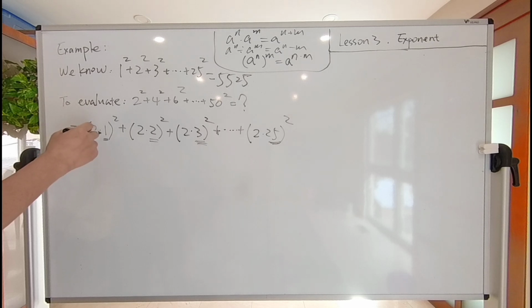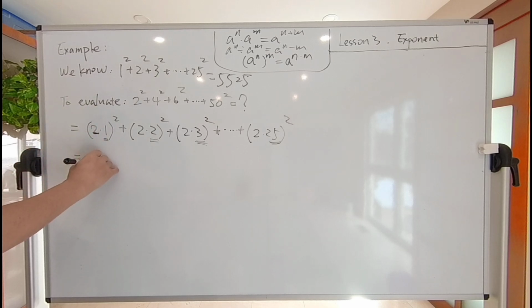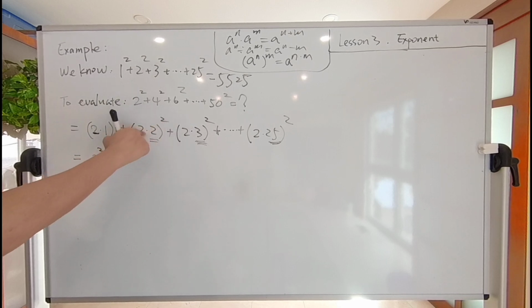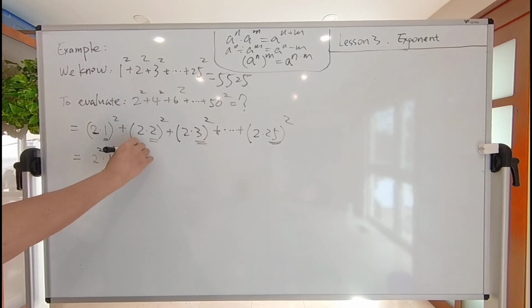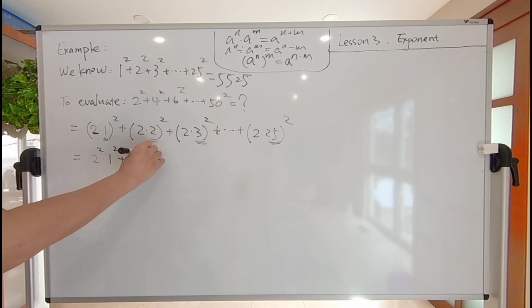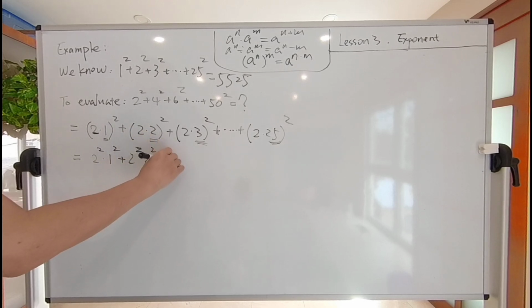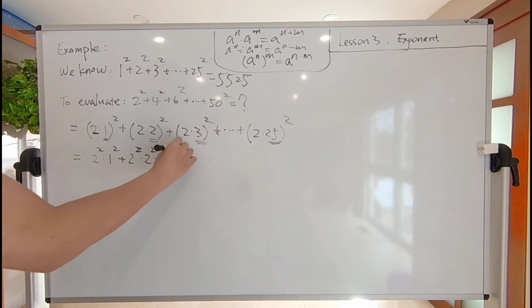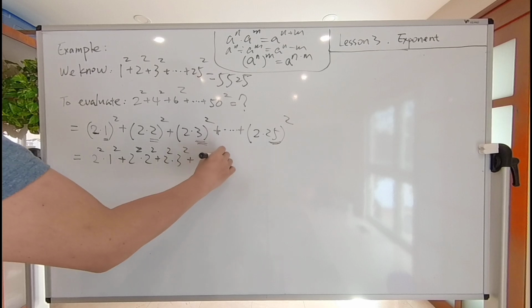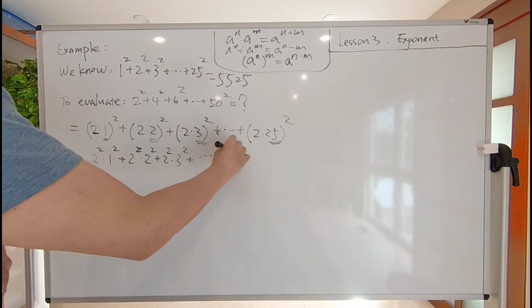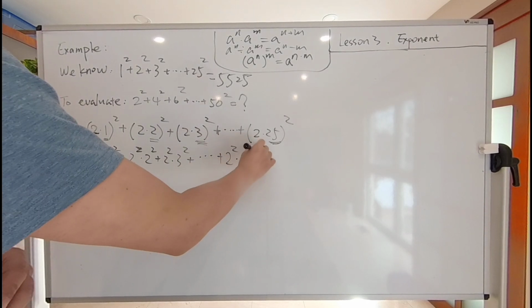This is really just the power distributing over the product. So this is 2 squared times 1 squared plus 2 squared times 2 squared plus 2 squared times 3 squared plus, until 2 squared times 25 squared.